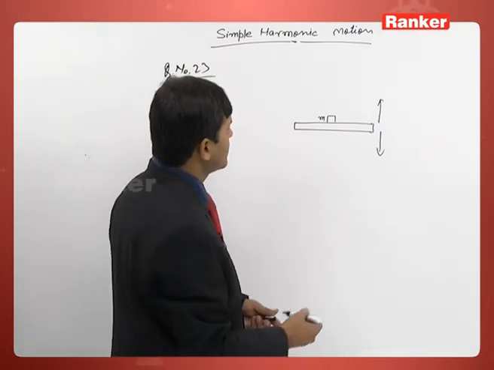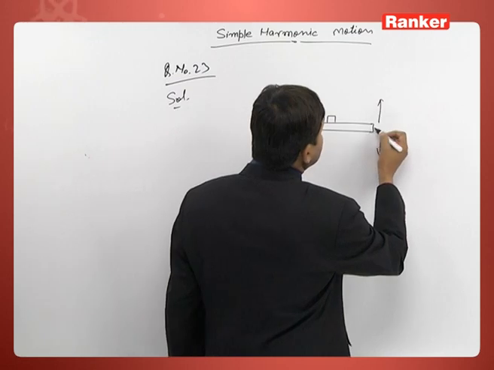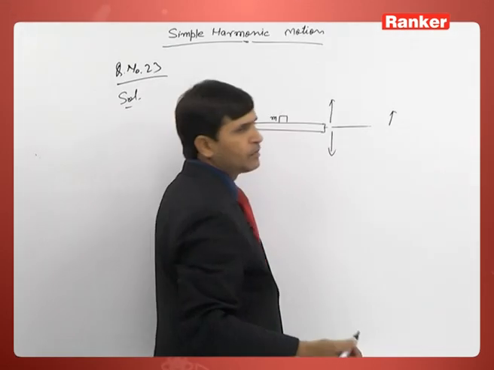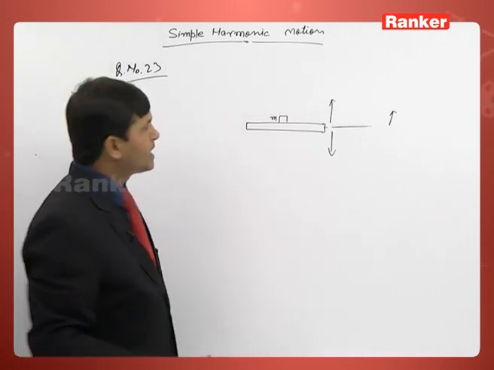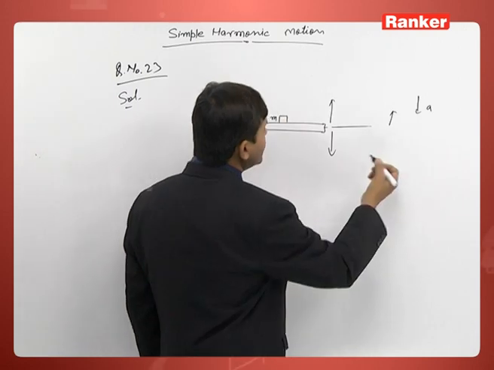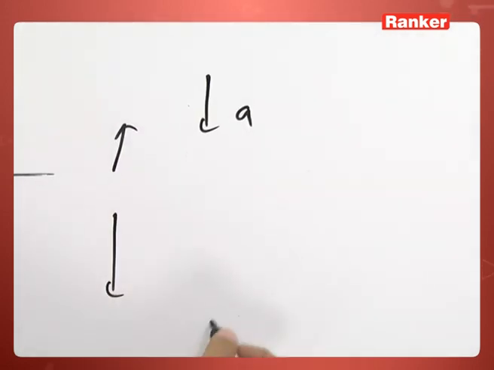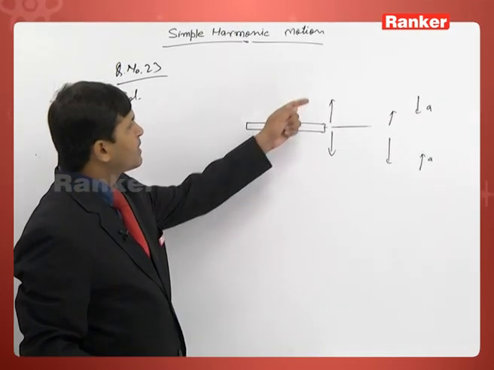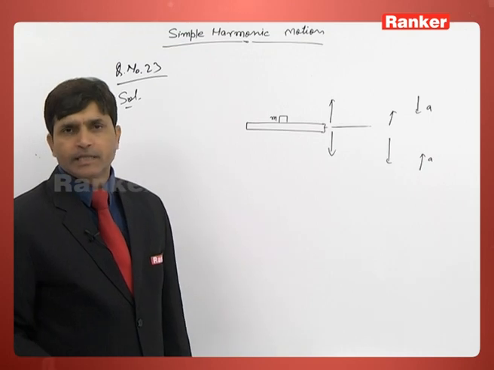See, if we are looking at the board, when the board is going up, at that time the acceleration is downward, and when the board is coming down, the acceleration is upward. The maximum acceleration will be at the amplitude position.